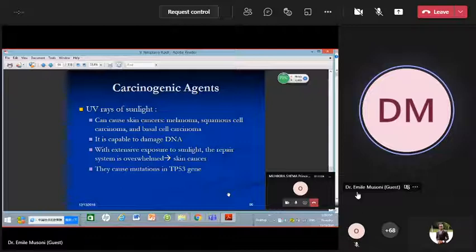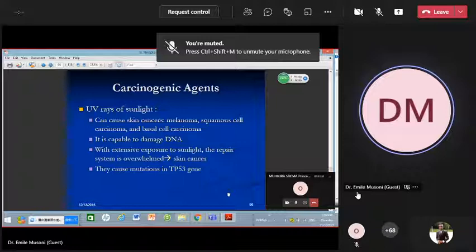UV rays of sunlight can also cause cancers like melanoma, squamous cell carcinoma, and basal cell carcinoma, in the case of albinos. Albinos are exposed to basal cell carcinoma because UV can damage DNA.